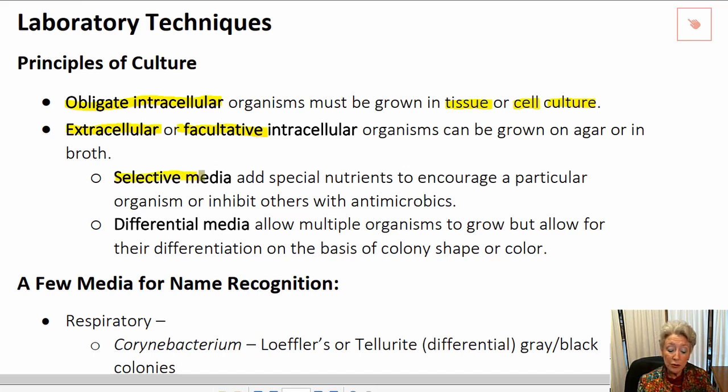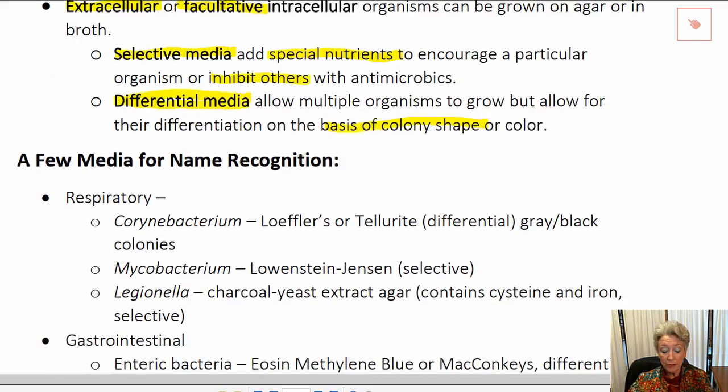Realize I have two basic strategies for selecting media. I can either use selective media, which adds special nutrients to allow something to grow or inhibit others with antimicrobials, or I can use differential media in order to allow lots of things to grow, but make them differentiable. I can tell the difference between them on the basis of their color or shape or something else.